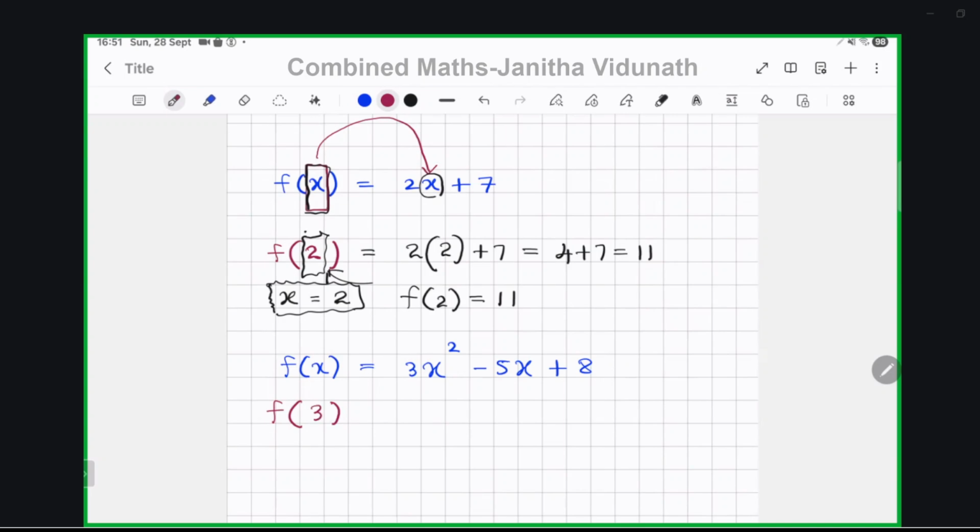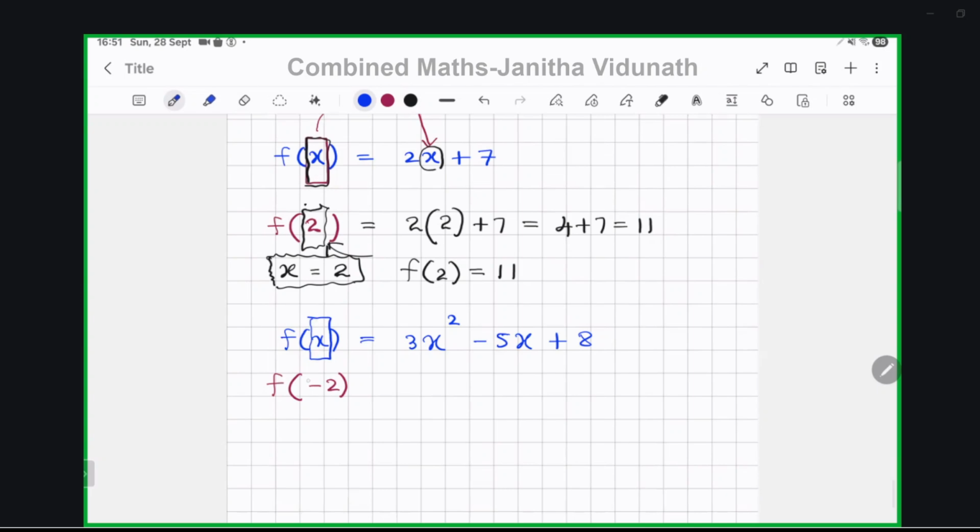So let's think we need to find the value f(-2). That means previously inside the bracket we had the term x, but now inside the bracket we have the term minus 2. Then we can think x is replaced by minus 2.